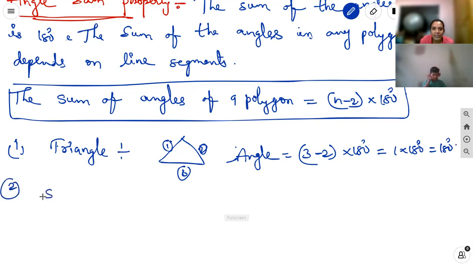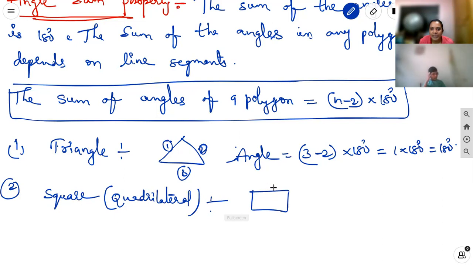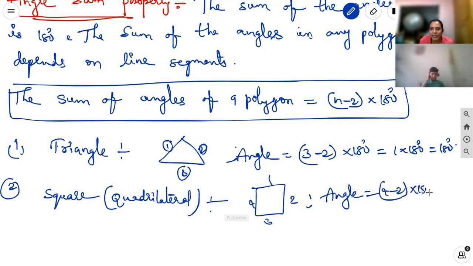Second one, suppose we are taking a square. Square is a quadrilateral. In this, there are 1, 2, 3, 4 sides. In this, angle sum equals 4 minus 2 into 180 degrees.